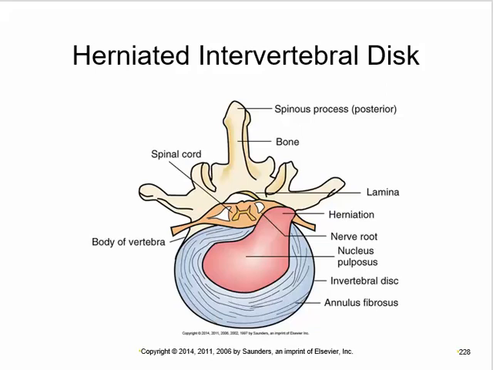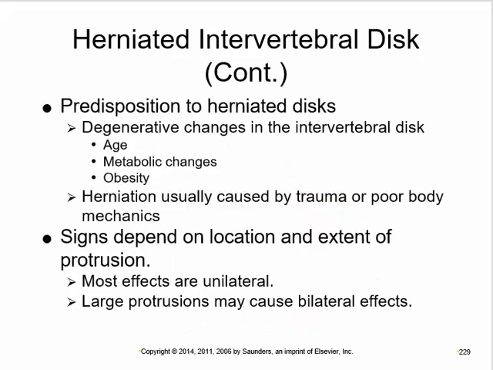9 times out of 10, because the thinnest part of the annulus fibrosus is posterior lateral, that's where the herniations tend to be, and will push on the nerve root. Degenerative changes, age, are predisposing to herniated disc.